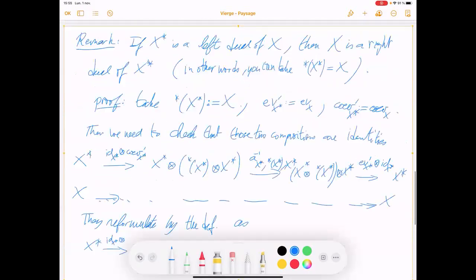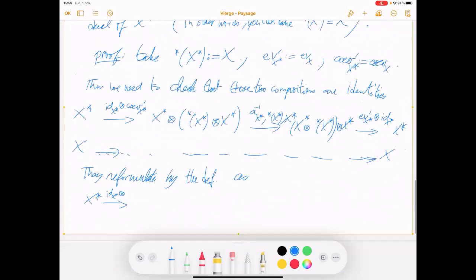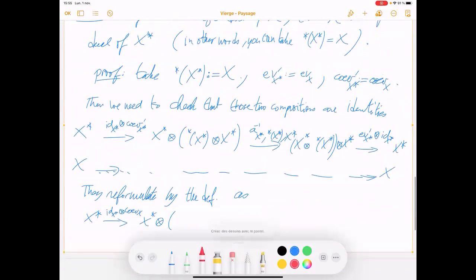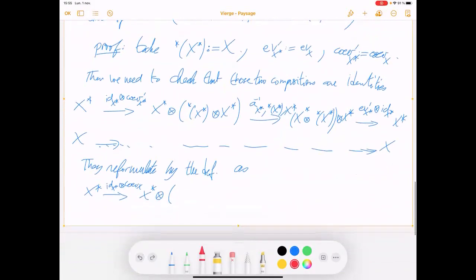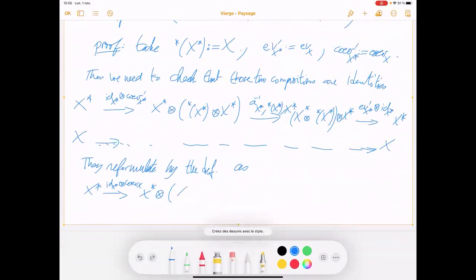The co-f prime of X star is co-f of X. X star tensor, again, this one is X by definition. So X tensor X star. You apply the associativity, X star tensor X star.